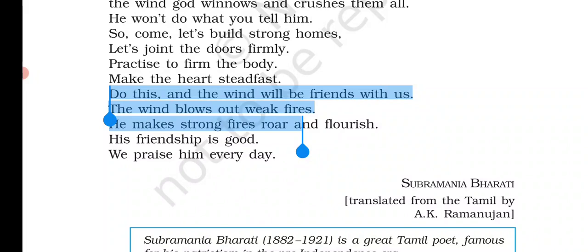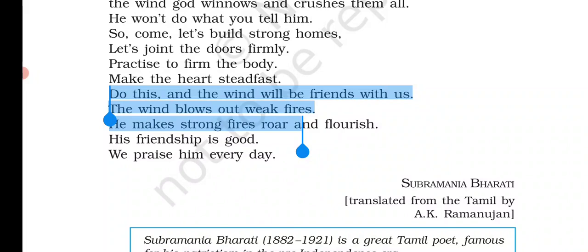When the crops are cut down, they are thrashed and put into the machine, and then this machine separates the grain part from the husk part, right? So this is a comparison where the poet is saying that the wind has the capability to separate good people from the weak people.